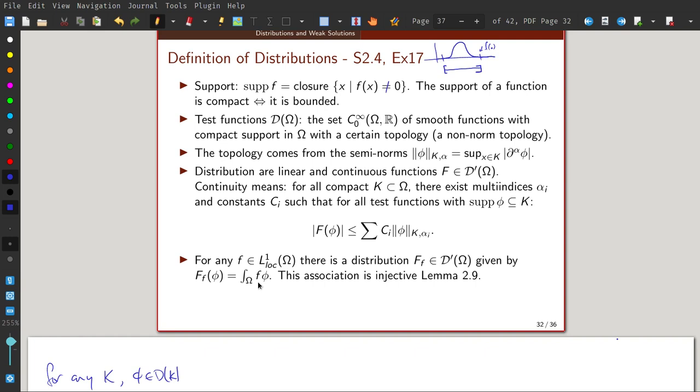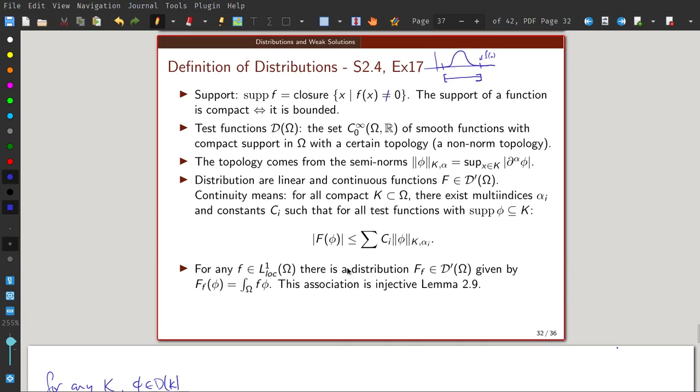And so this is how you can treat a normal function as a distribution, by integrating with it. The important thing to know about this association is Lemma 2.9, which is also called the fundamental theorem of the calculus of variations. It says that this association is injective. So if two functions give the same distribution, then they have to be the same L1 local function, which means that they're almost everywhere equal.